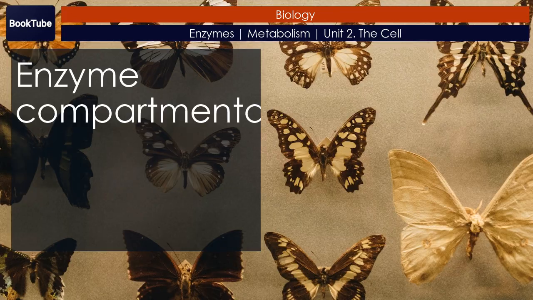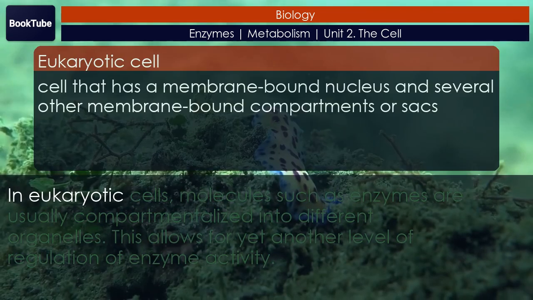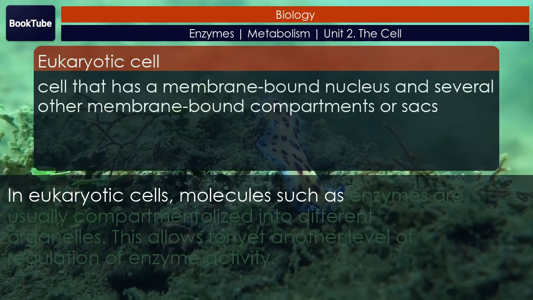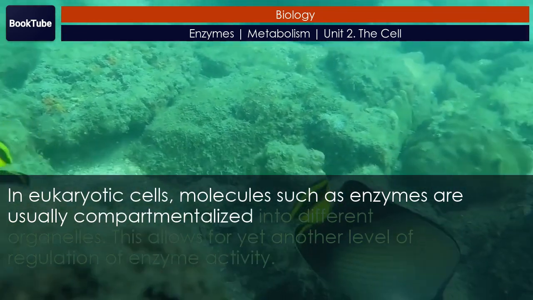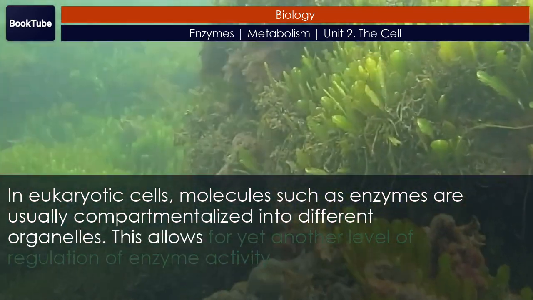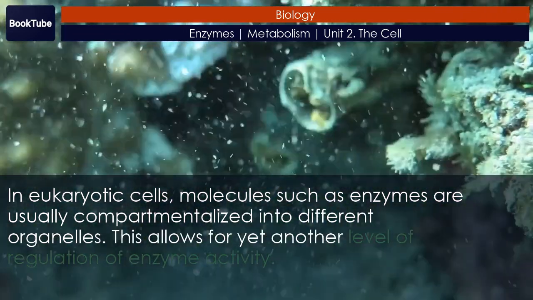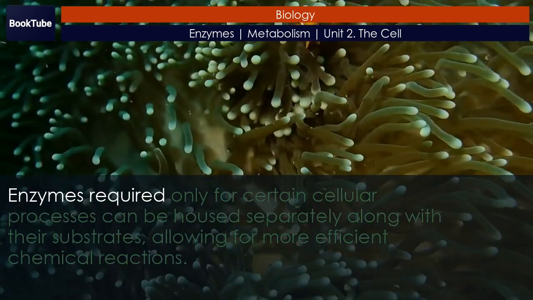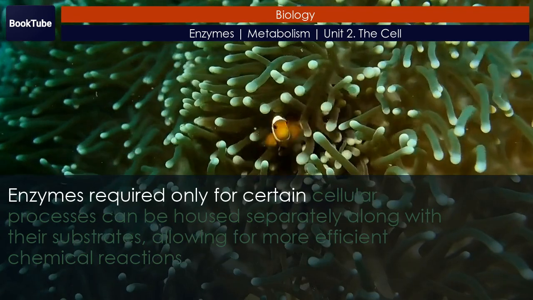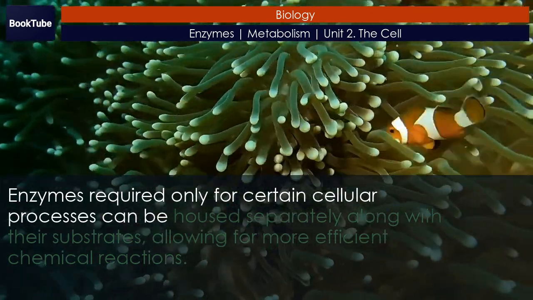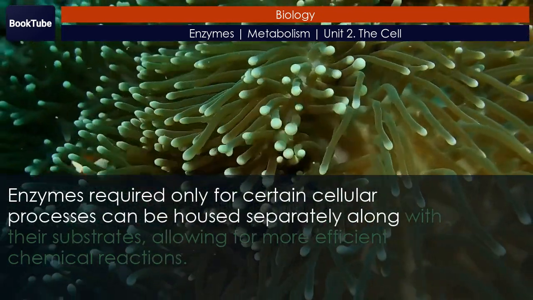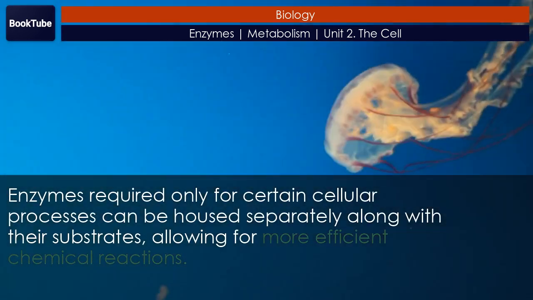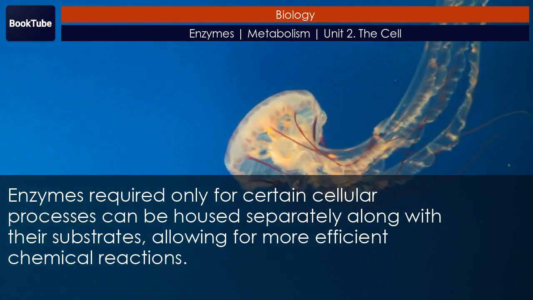Enzyme compartmentalization. In eukaryotic cells, molecules such as enzymes are usually compartmentalized into different organelles. This allows for yet another level of regulation of enzyme activity. Enzymes required only for certain cellular processes can be housed separately along with their substrates, allowing for more efficient chemical reactions.